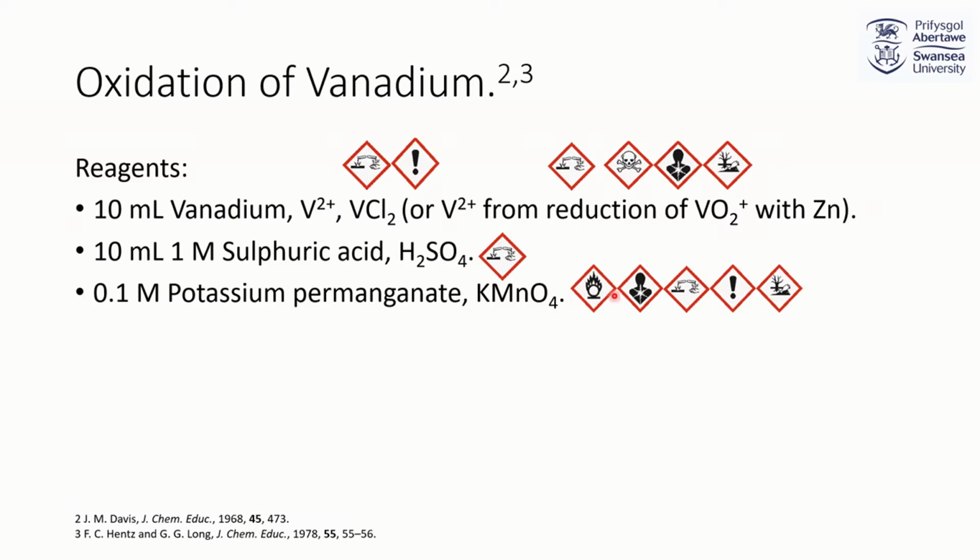Now, potassium permanganate is oxidizing, has some long-term health effects, is corrosive, an irritant, and also harmful to aquatic life. The oxidizing factor is less of an issue, as it will be used in lower concentrations. The rest should be considered as they otherwise have been with the acid or the vanadium solution.